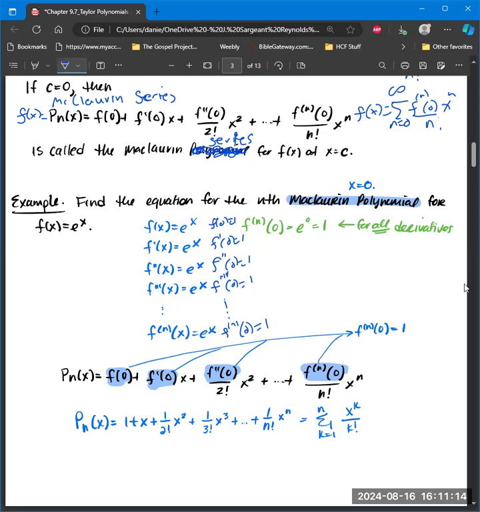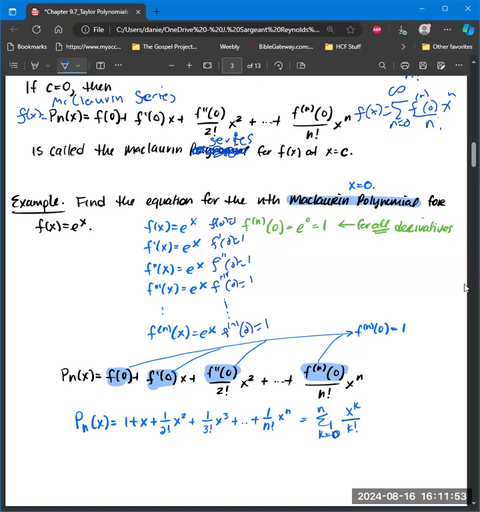So this is going to be 1 plus 1x plus 1 over 2 factorial is 1/2 x squared plus dot, dot, dot, plus 1 over n factorial x to the n. So this f n of c part is a 1 here, x to the n over n factorial.